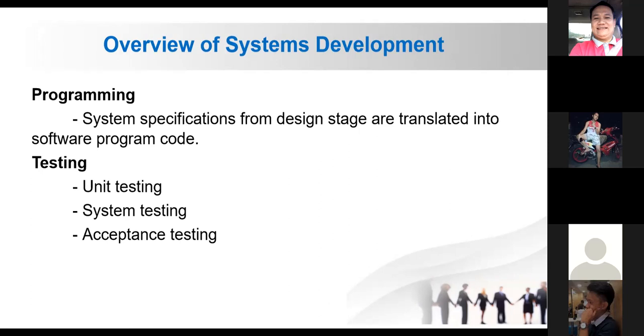Unit testing tests each program separately in the system. System testing checks the information system as a whole to determine if it works as intended. Acceptance testing results in user and management final certification that the system is ready to be used in a production setting.